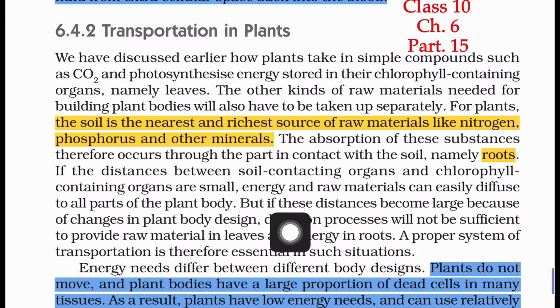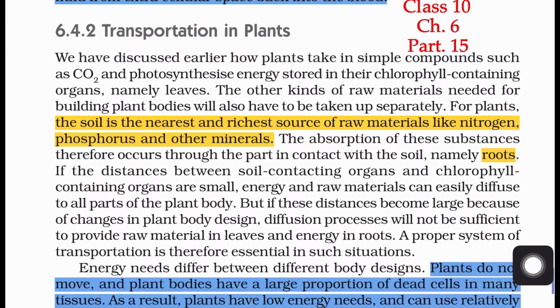But if these distances become large because of changes in the plant body design, diffusion processes will not be sufficient to provide raw materials in leaves and energy in roots.